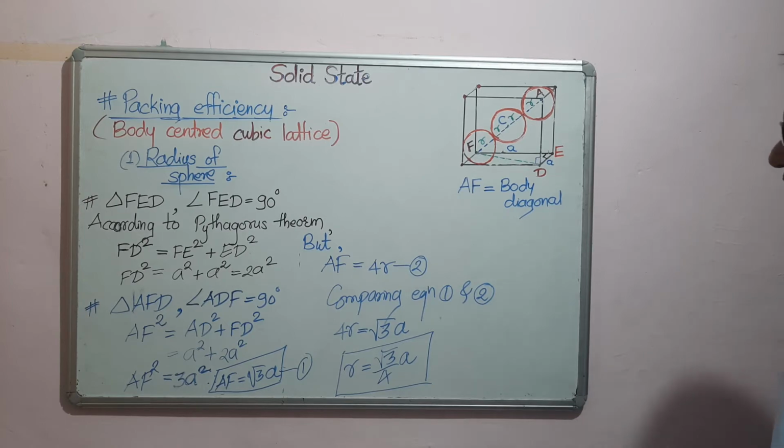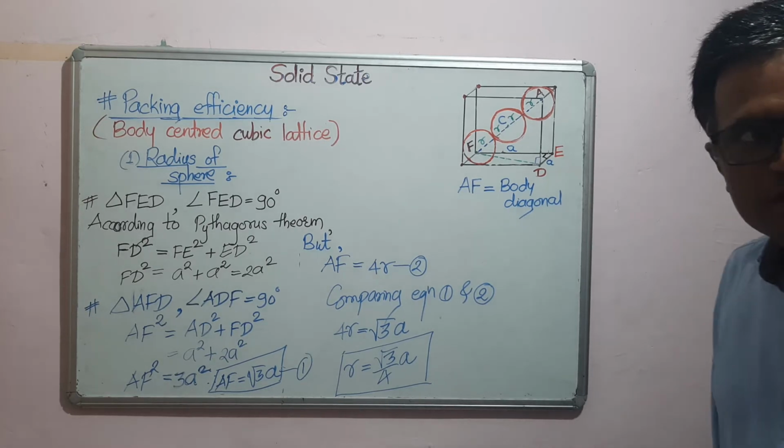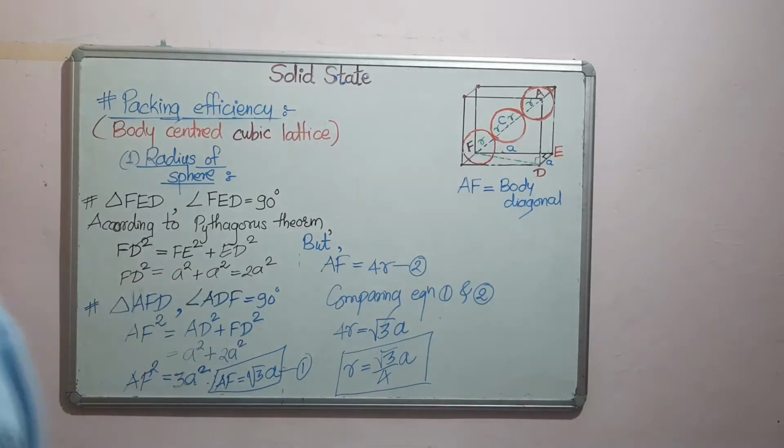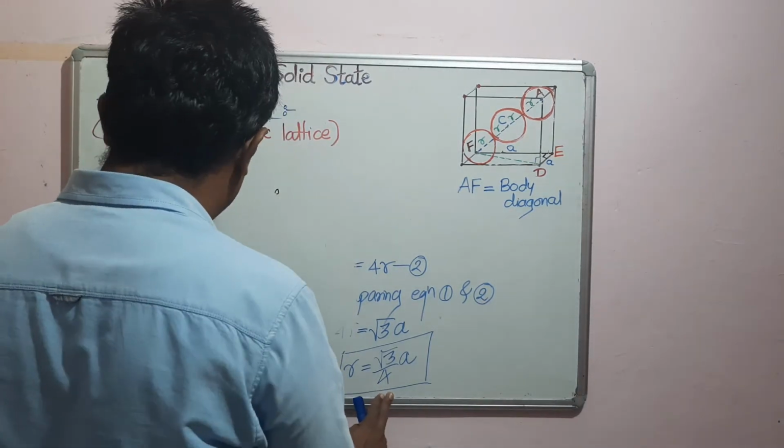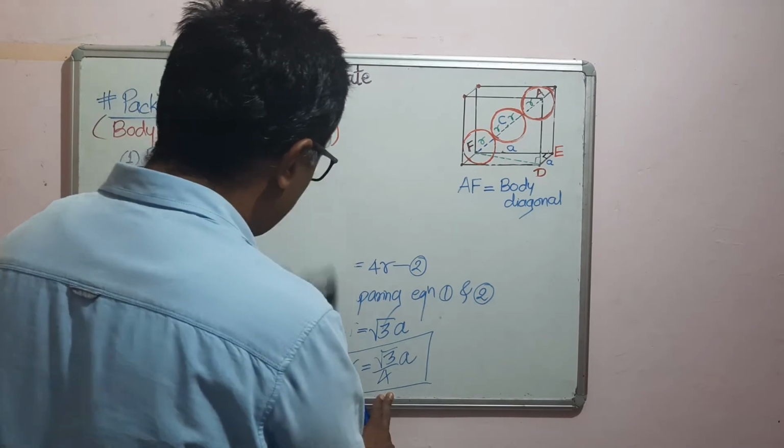Okay. And then we'll proceed towards the next step. Once you have got the radius of sphere, the second step is the volume of sphere. So I will write here directly the radius of sphere.